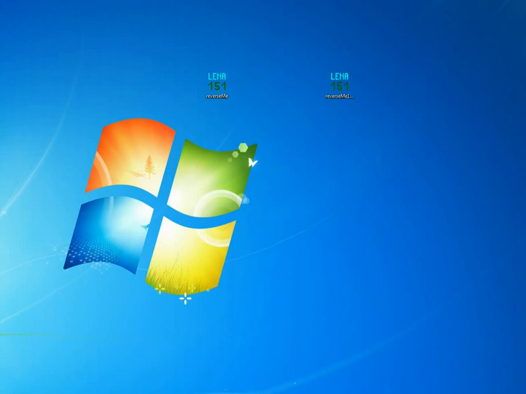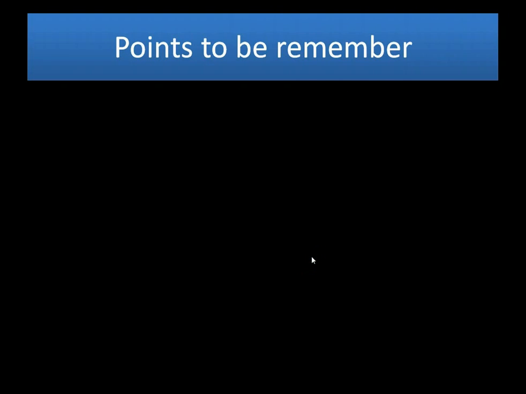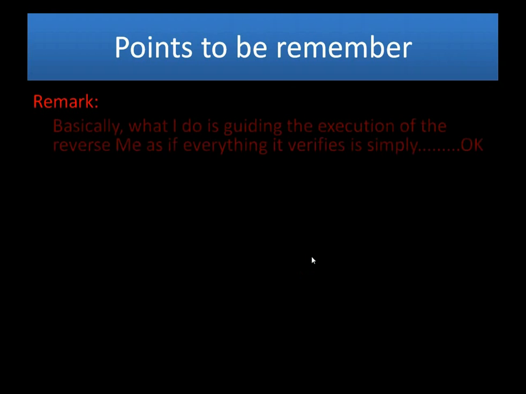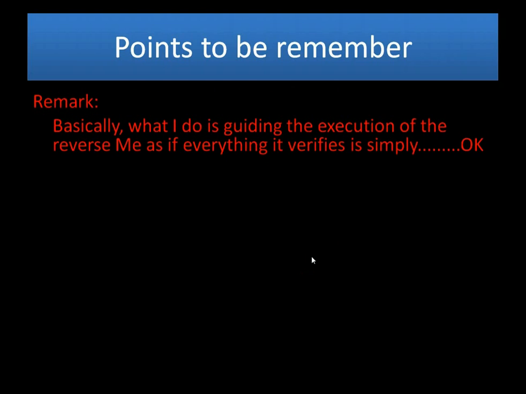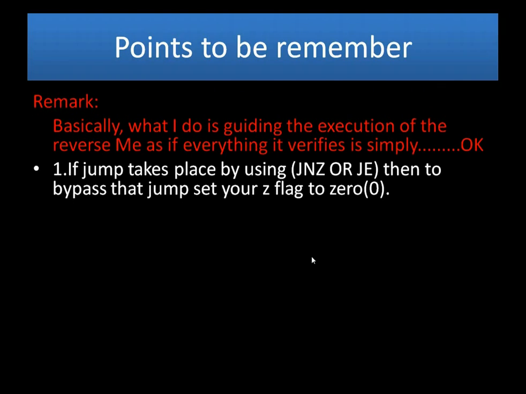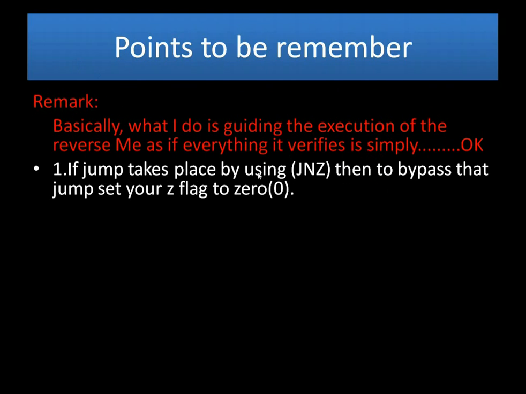Now friends, the points to remember in this tutorial are basically what I did: guiding the execution of the reverse me as if everything it verifies is simply okay. The first one, if a jump takes place by JNZ, then to bypass that jump set your Z flag to 0.